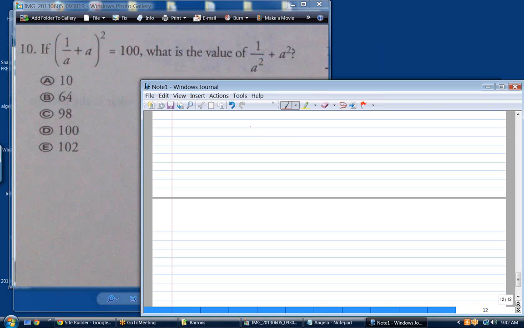So it would be 1 over a squared. Yes, 1 over a squared plus 2a. No. How about that? In other words, what it really is is 2a times 1 over a, right? Plus a squared. So that's what's equal to 100.